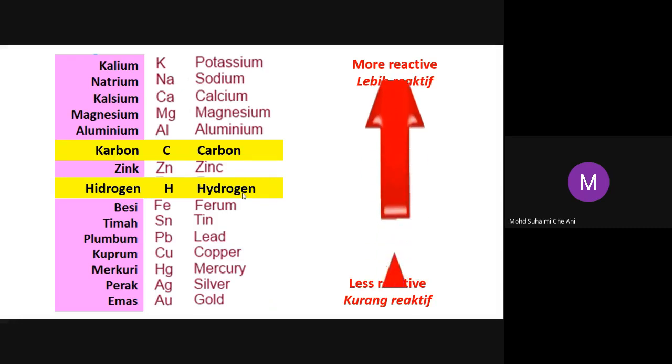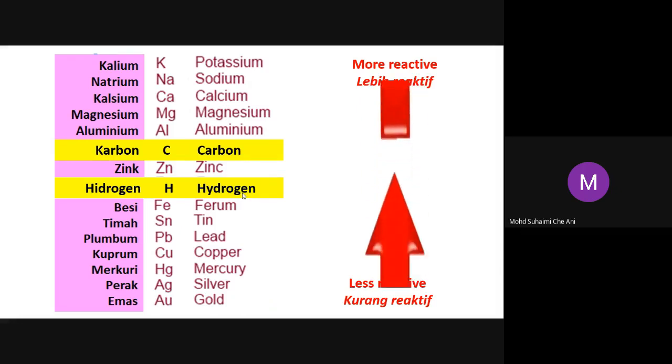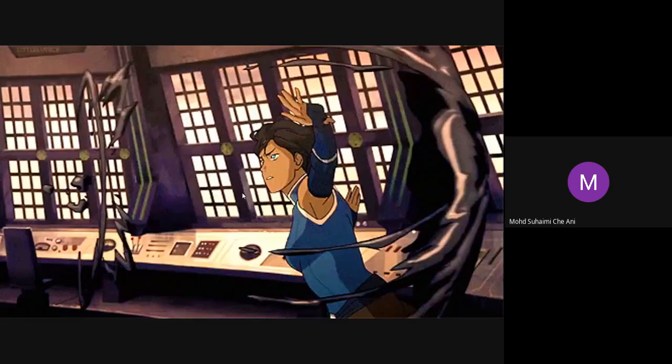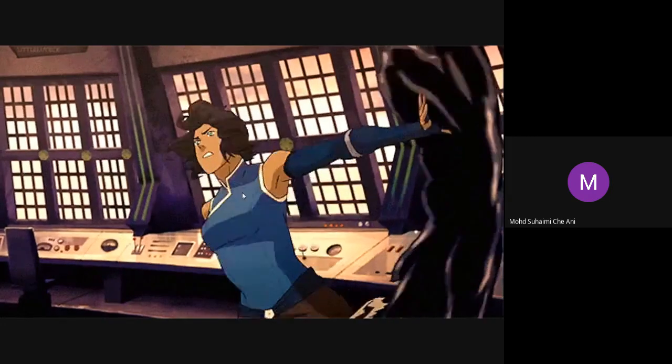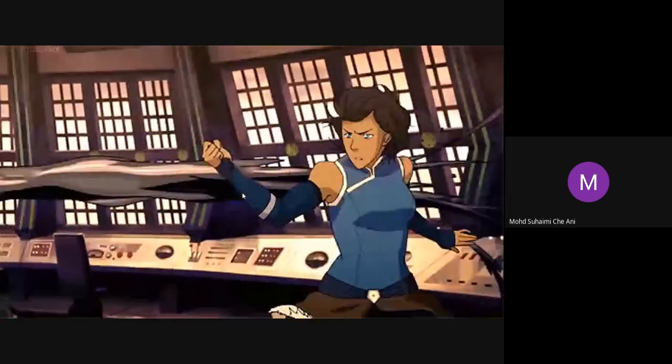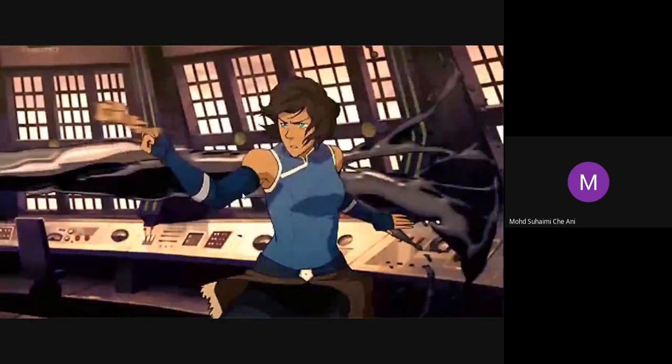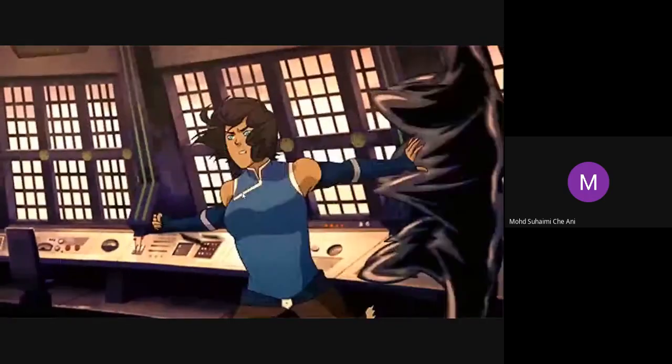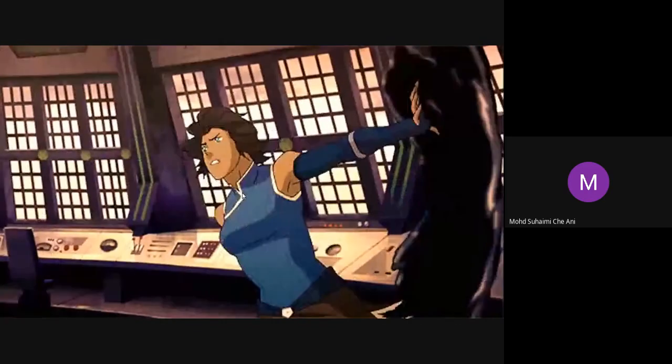Okay, any questions about this? 4.2. So now you have already learned and know the complete reactivity series. So now you are already an intermediate level metal bender. So you can bend more metals. Before this, you were just a beginner, with just a little bit of metal. But now you are already intermediate.